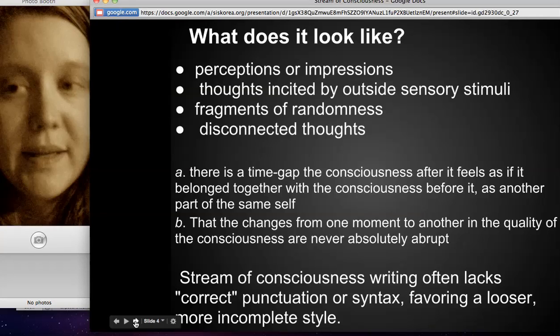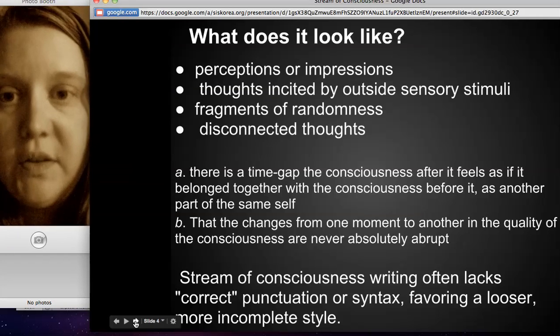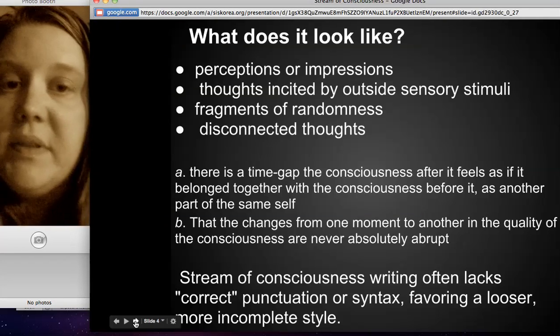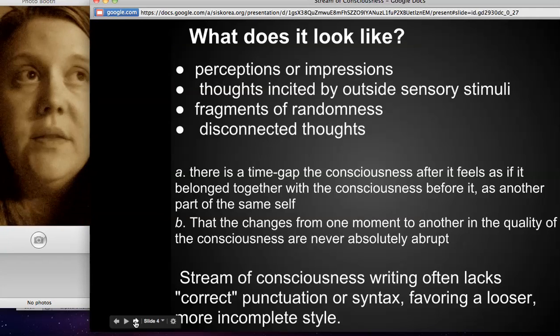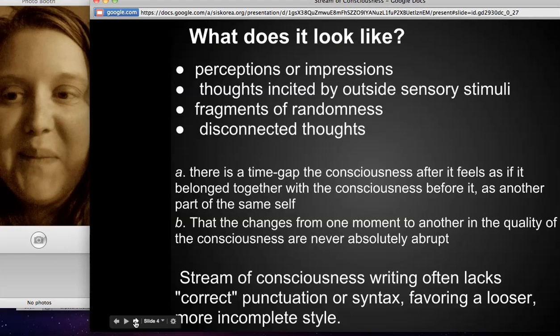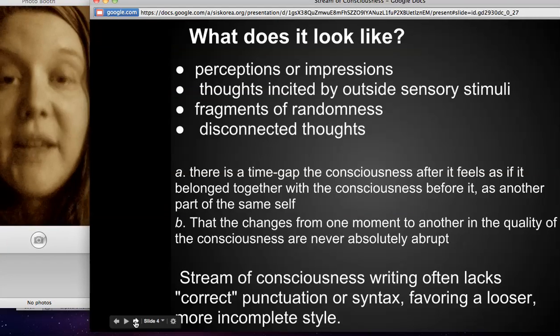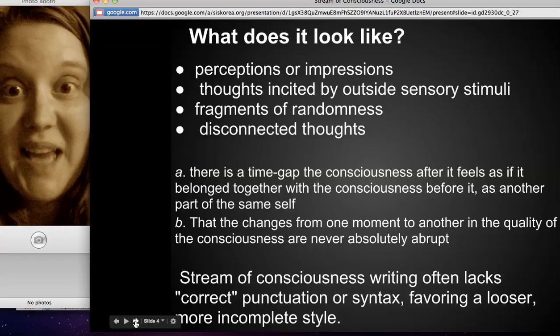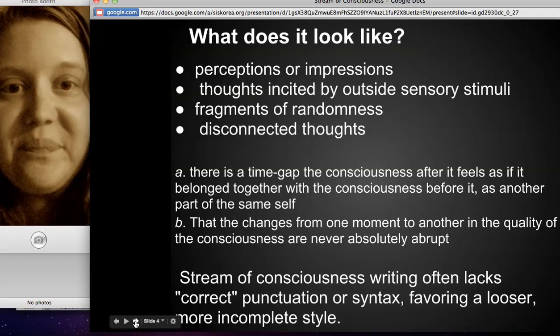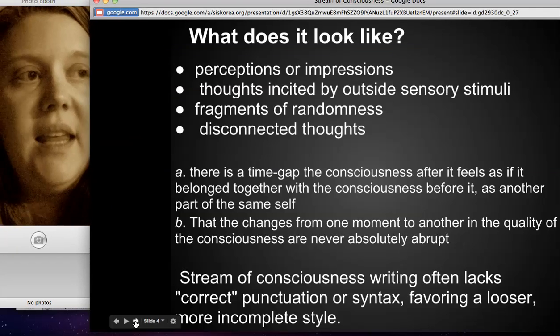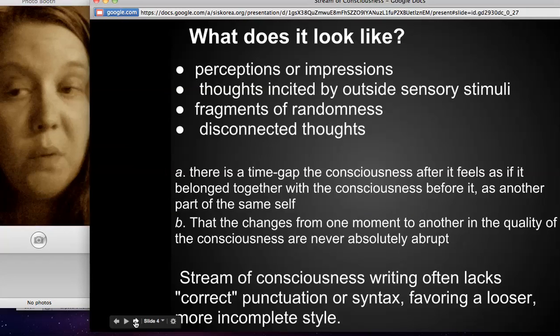So what does stream of consciousness look like? It's perceptions or impressions. Somebody is walking down the street. You'll understand in a while why I keep saying walking down the street. If a character is walking down the street, it's their views of the world.